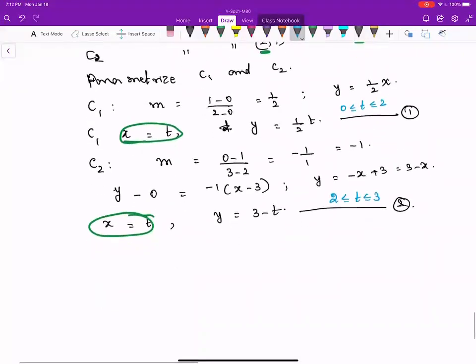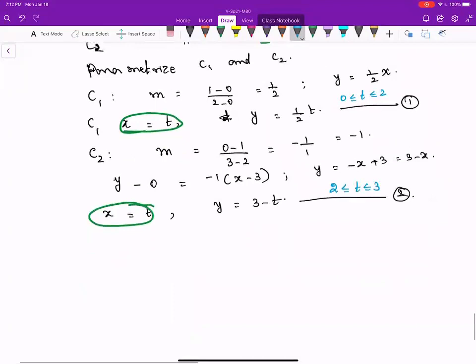So now the next step is to evaluate the integral. Evaluating the integral is the third step.